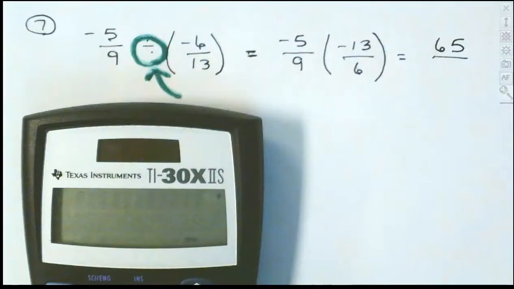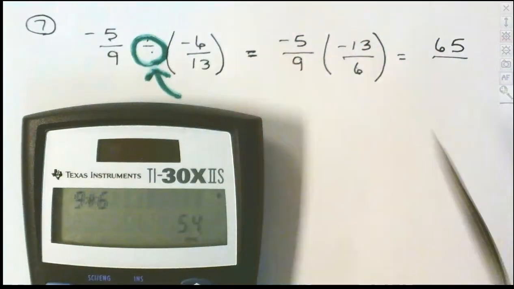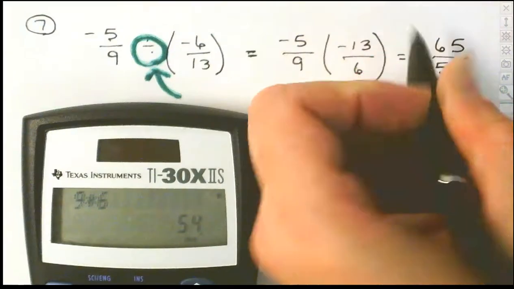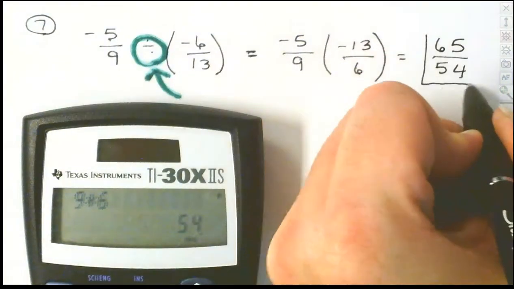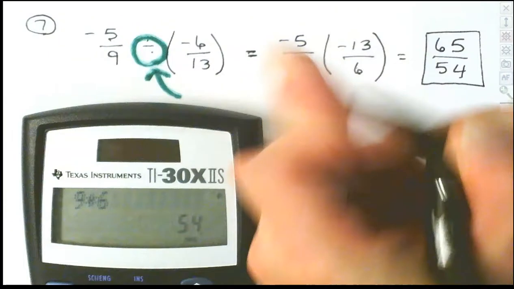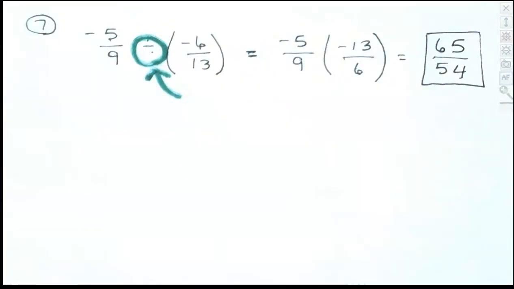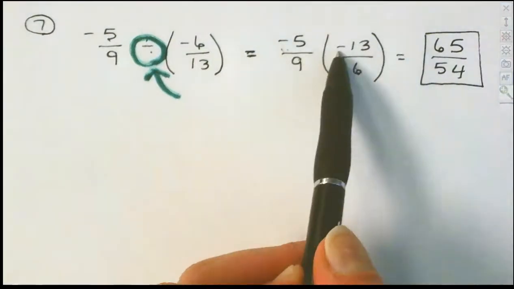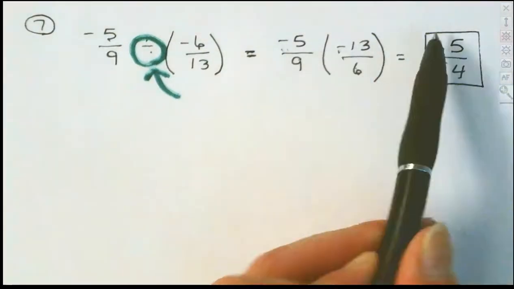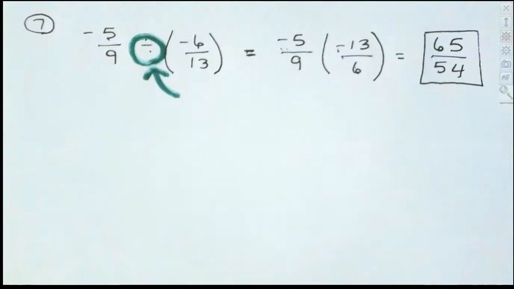And then we've got 9 times your 6 here. That's going to be your 54. And that's going to be your final answer, which is 65 over 54. So I flipped it over. Double negative makes that then what? Positive.